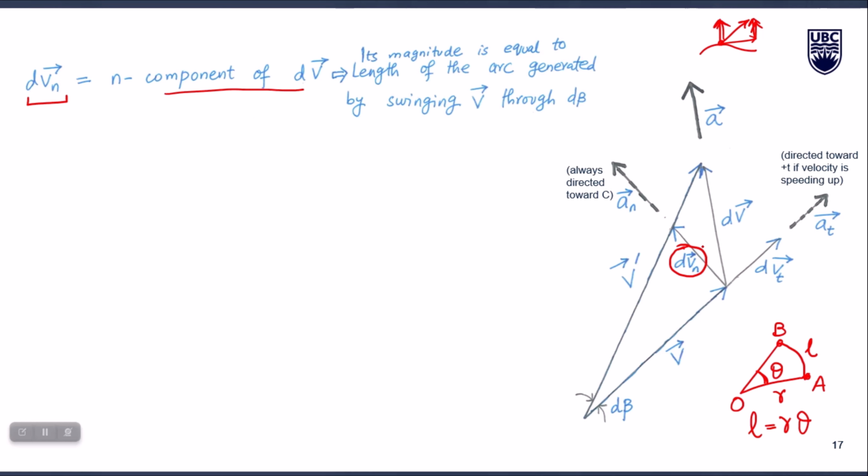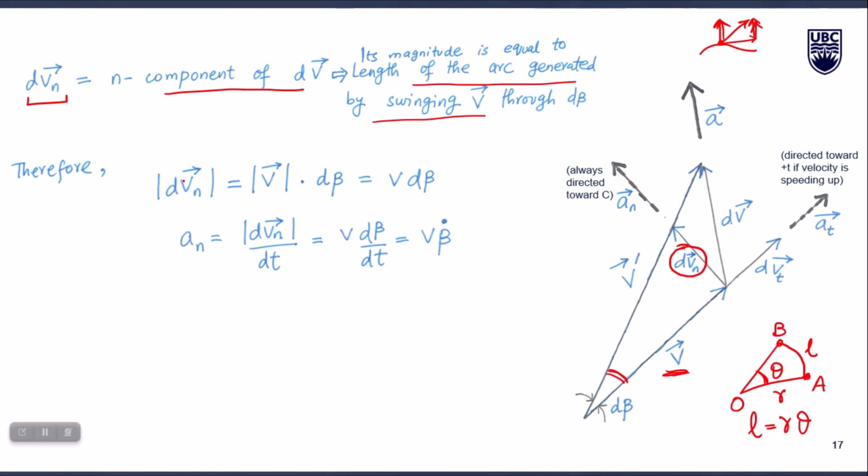So the magnitude of this dv sub n should be, when you simply rotate this v vector here by an angle d beta, right? So the length of this dv sub n should be equal to the magnitude of the v vector times the angle which it is making, this angle, right? So the magnitude of dv sub n is equal to the length of the arc generated by swinging the v vector through an angle d beta, right? So applying that formula, L is equal to r theta, we can write the magnitude of dv sub n by denoting it with these two lines.